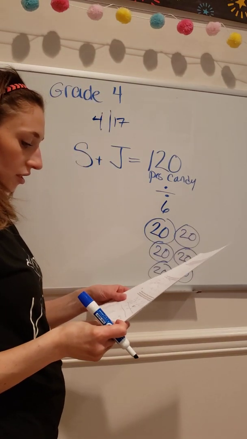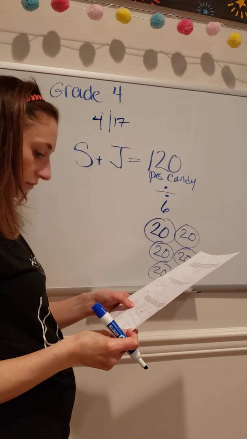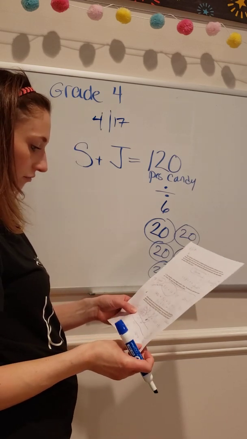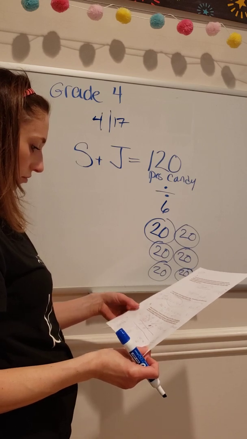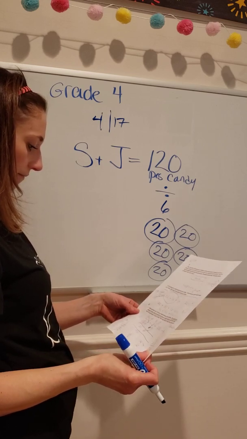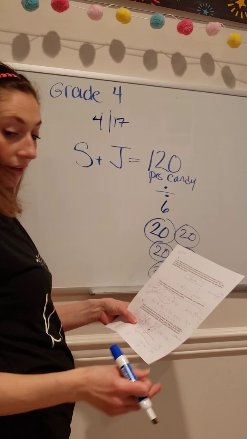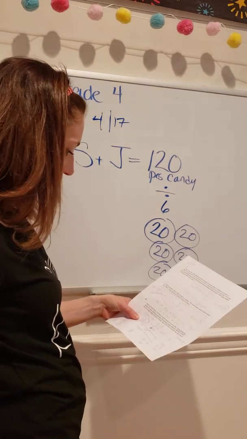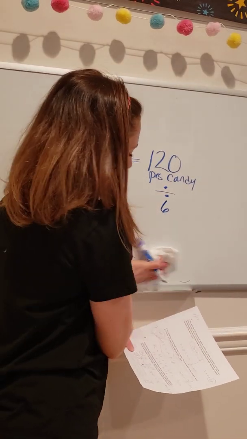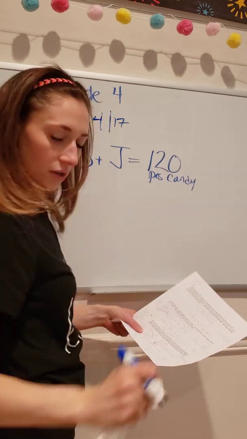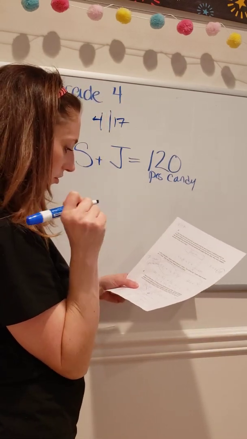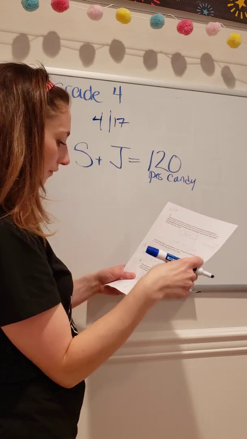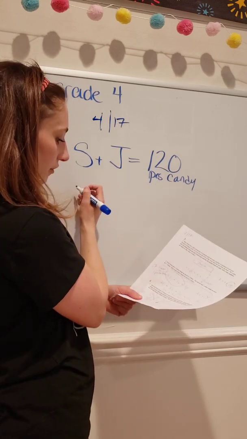All right, so now I'm going to give, let me figure this out. Wait a minute. I lied. I'm not going to do it this way. I'm going to divide it by 10.